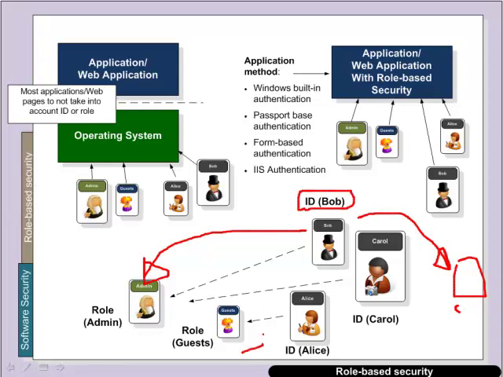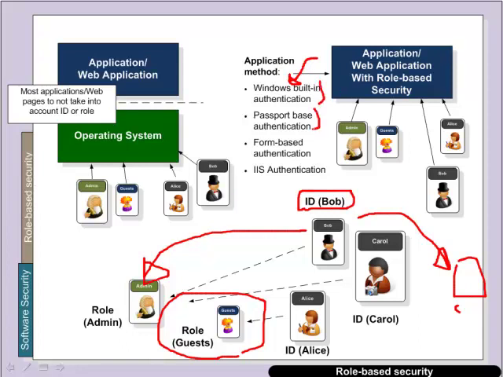And then we can have roles such as guests, which will have limited rights on the system. So when we deal with a web-based application, the main types of authentication that we can get based on role-based authentication are built-in Windows, where we can get the local Windows registry to authenticate a user.